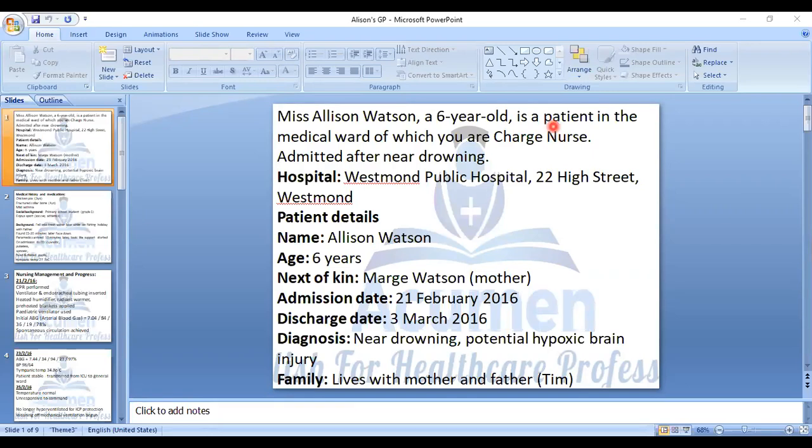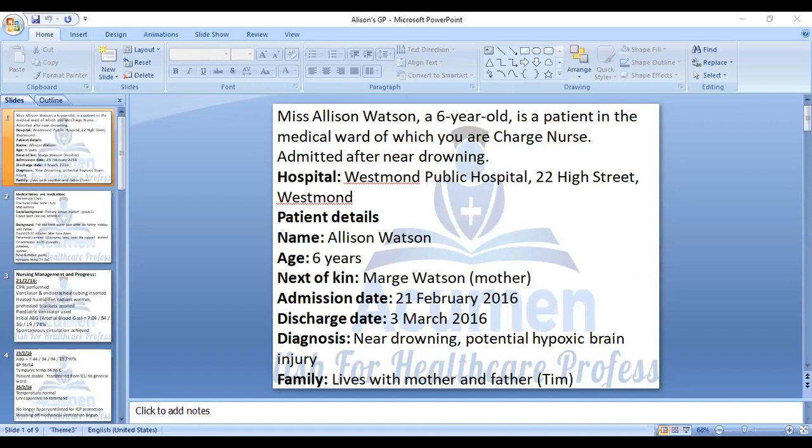So if it is given GP, it means it is probably a new referral. If it is given patient's GP, it means that your purpose there is to update them on the current hospitalization, and your purpose is not to tell them about the medical and social history.